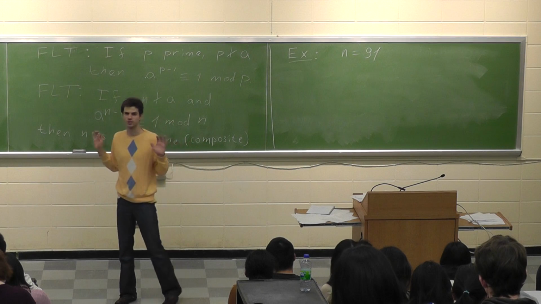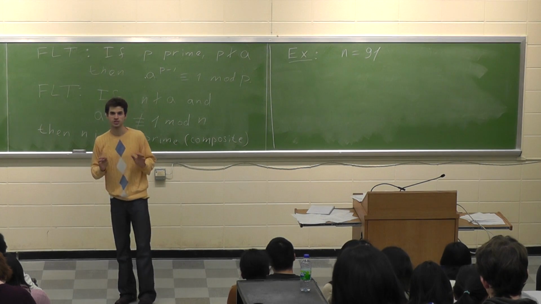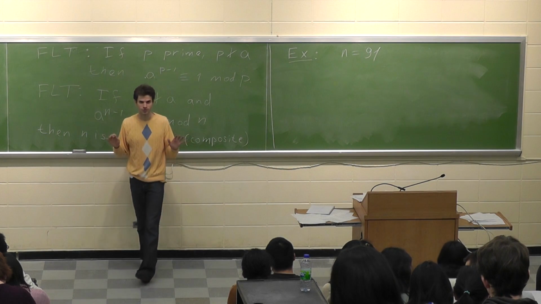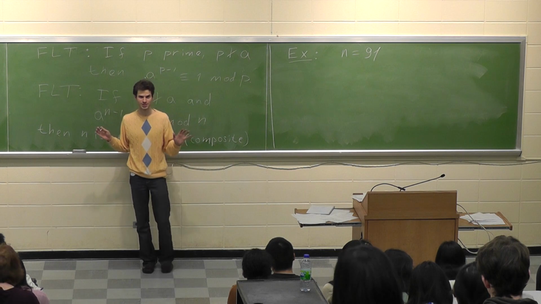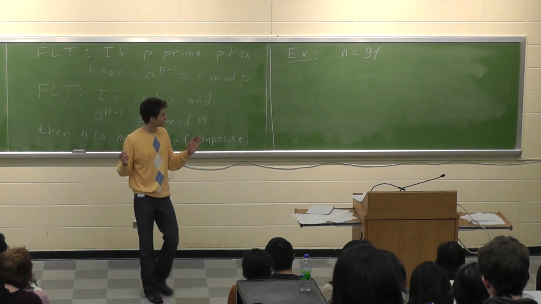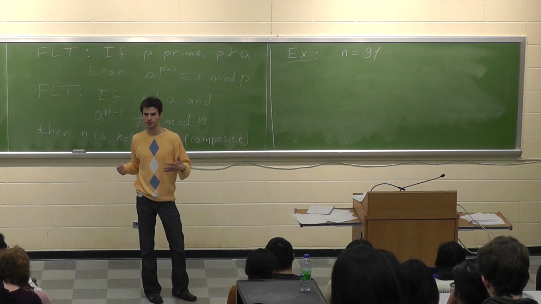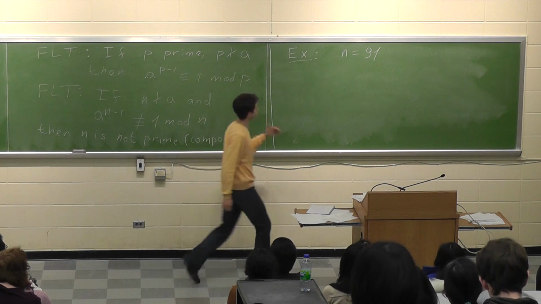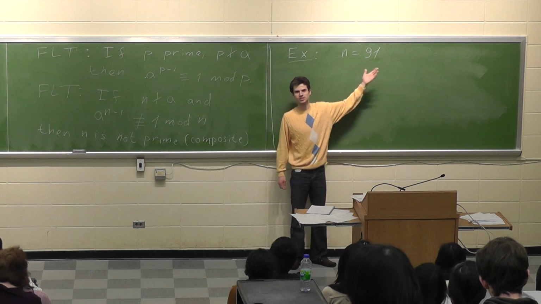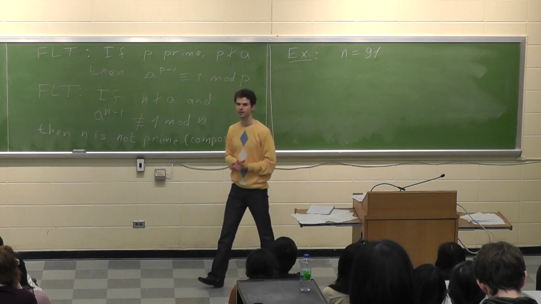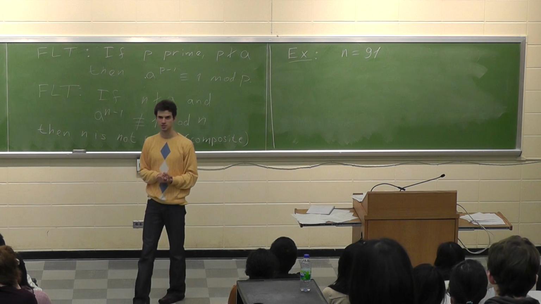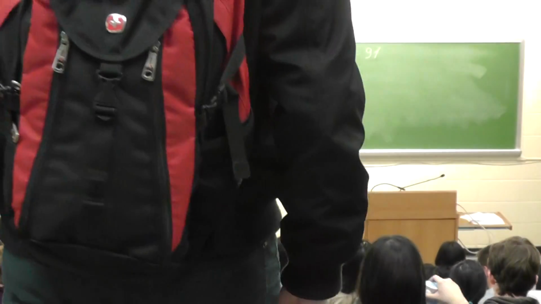Actually it isn't, and some of you might know the factorization of 91. But I don't want the factorization. Somebody came to me and told me 91 is suspected to be a prime. If I don't want to actually factor, how would I know whether it is a prime or not?